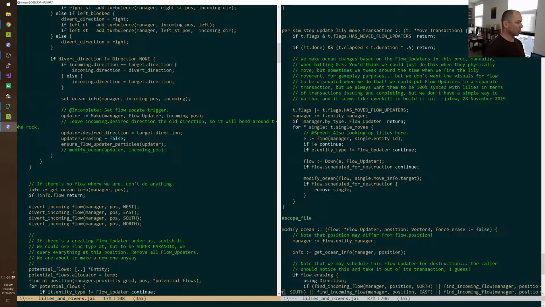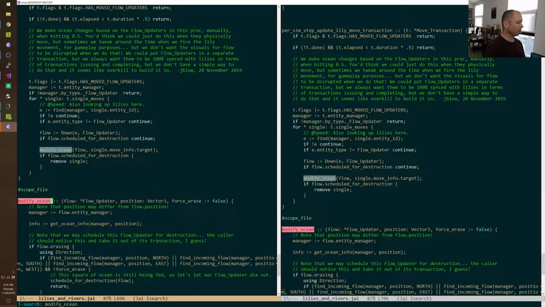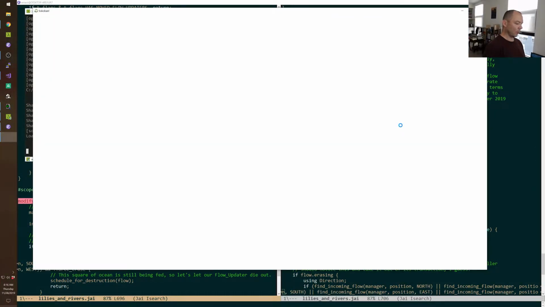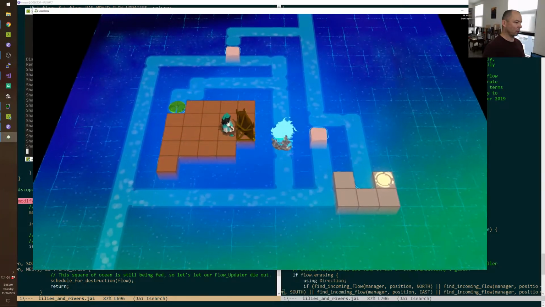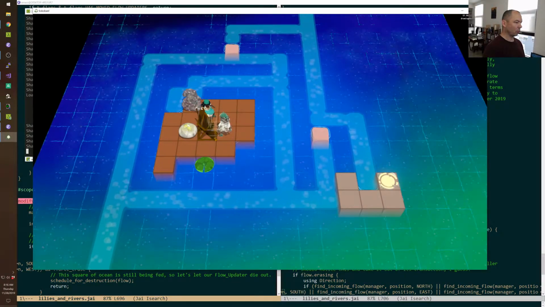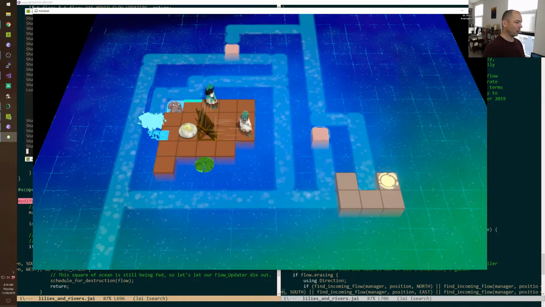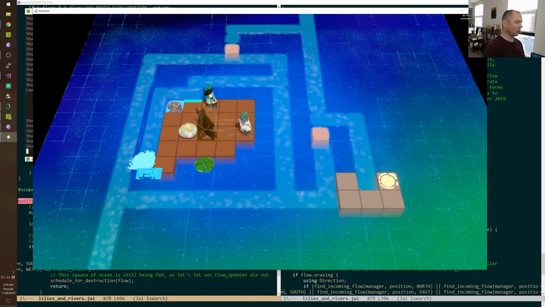I don't think we actually want that one. So last I checked, rivers didn't propagate forward correctly. Oh, it's actually fixed now.